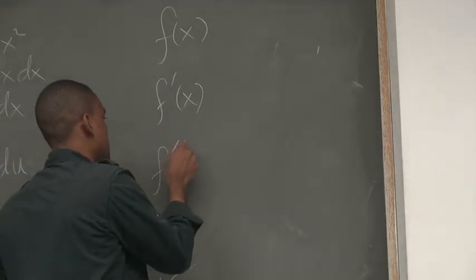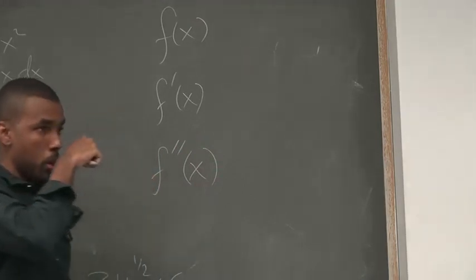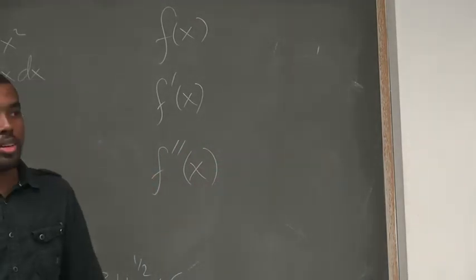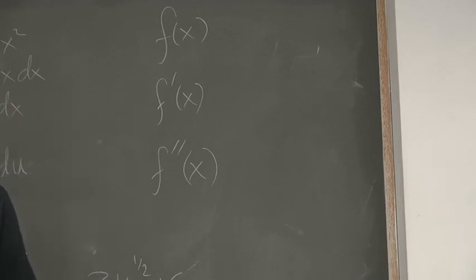So if I look at the second derivative, what does that tell me? Concavity. What else can I get from the second derivative? Points of inflection. How can I find a point of inflection? When concavity changes.